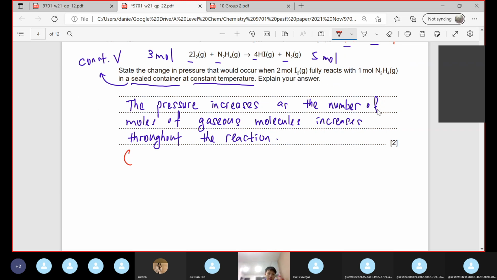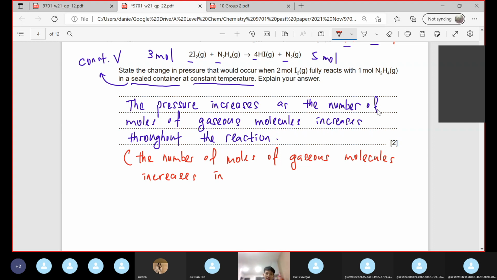You can write down the number of moles of gaseous molecules increases. Okay, you learn this kind of way to write it.